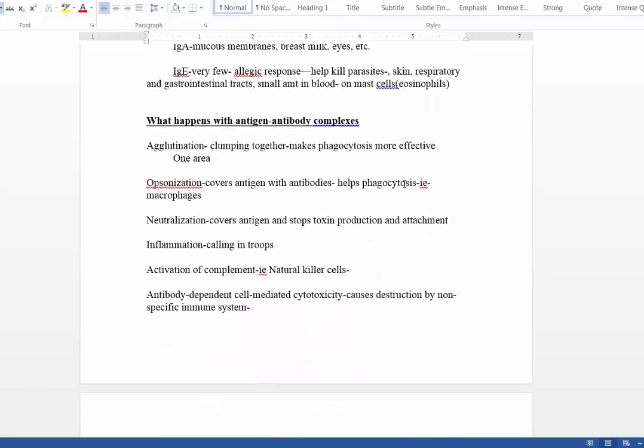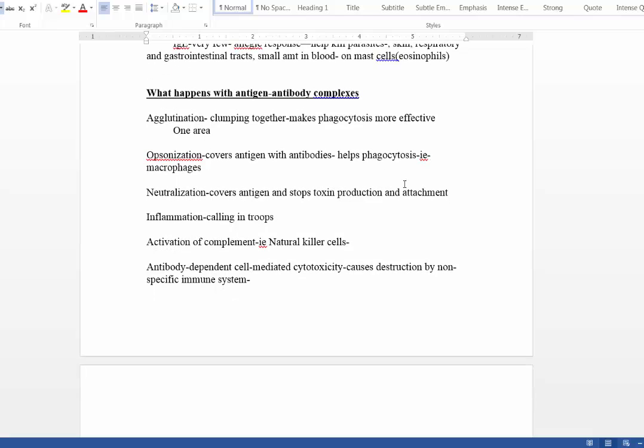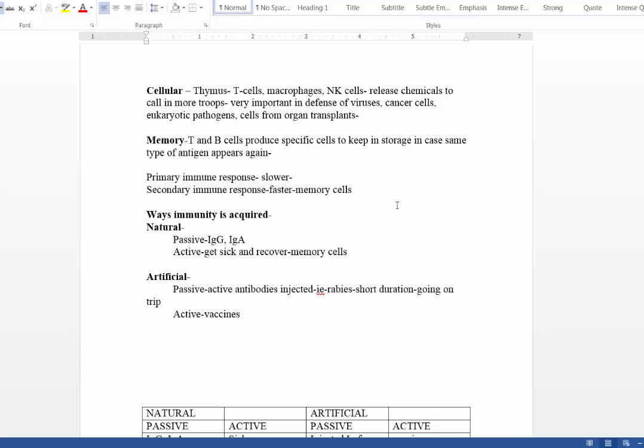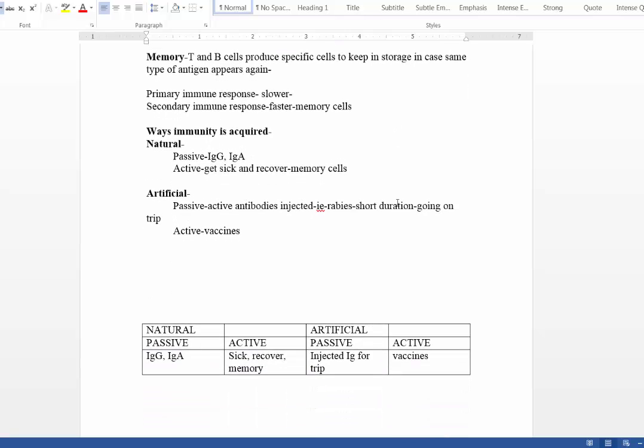And then, of course, you've got your cellular arm as well, and this is where your T cells come into play. And when you took anatomy and physiology, you learned that your T cells mature in your thymus. When you get an initial infection, your body produces antibodies, and some of those go into memory, kind of like a library.